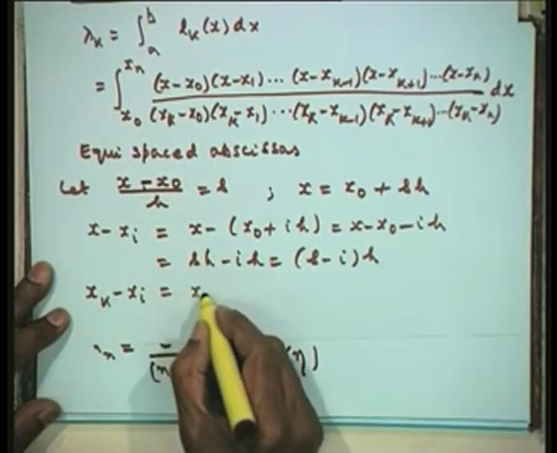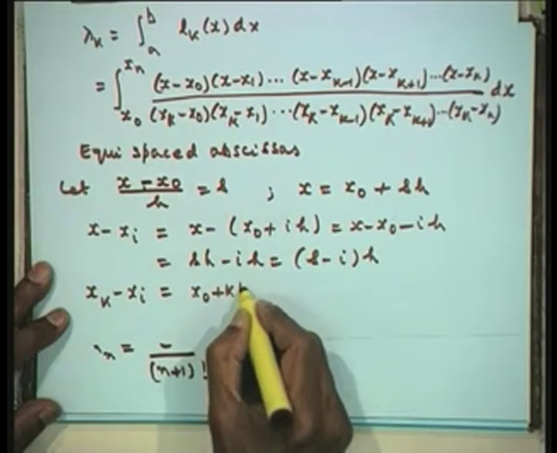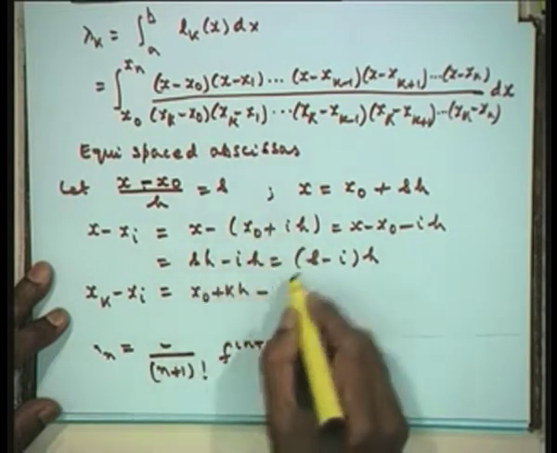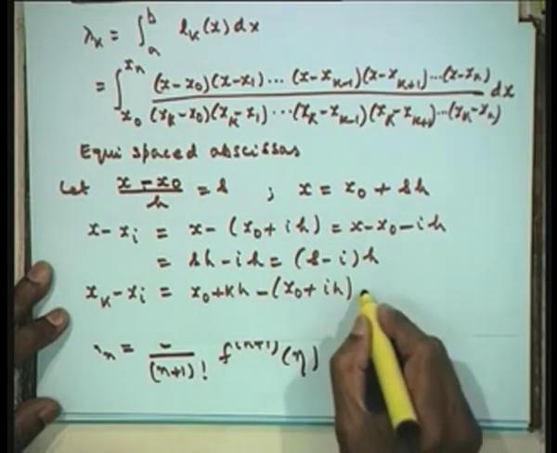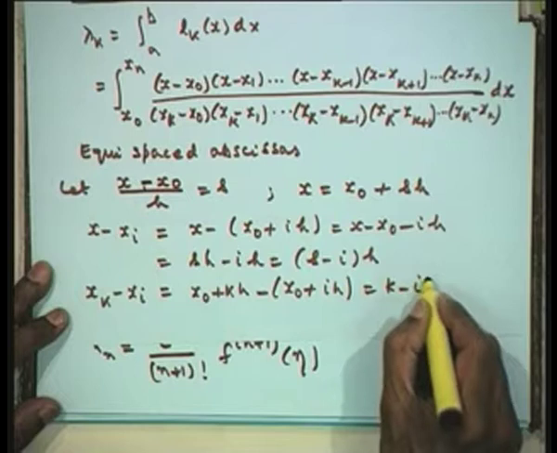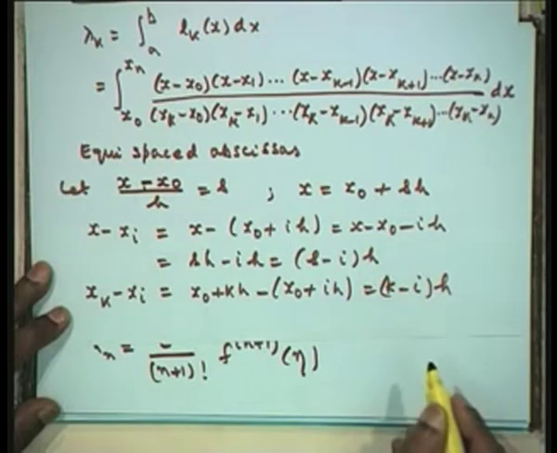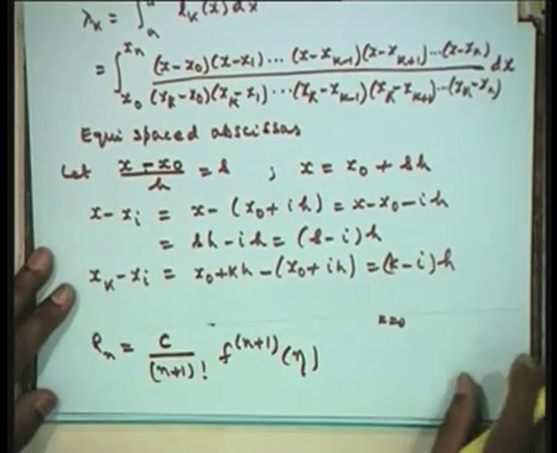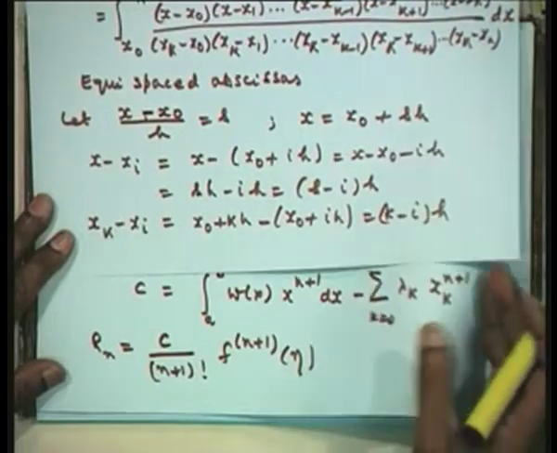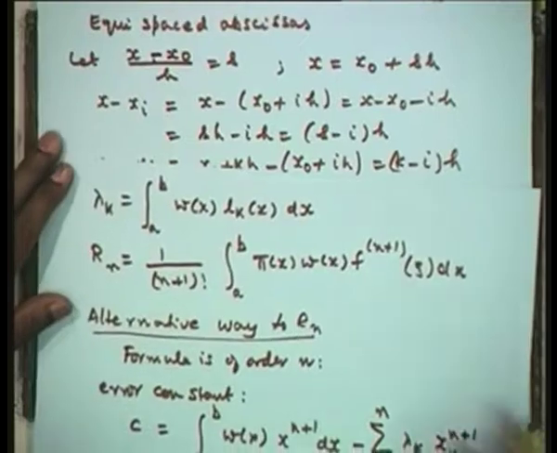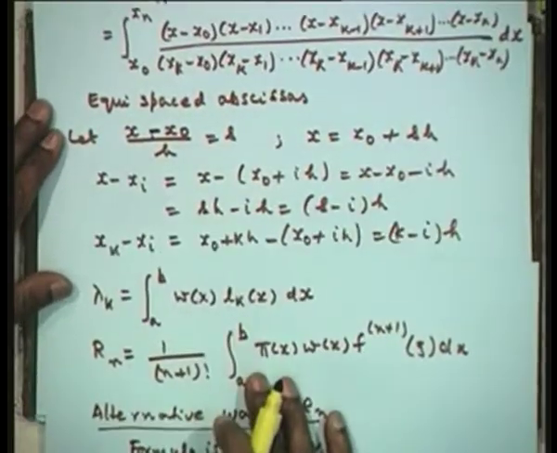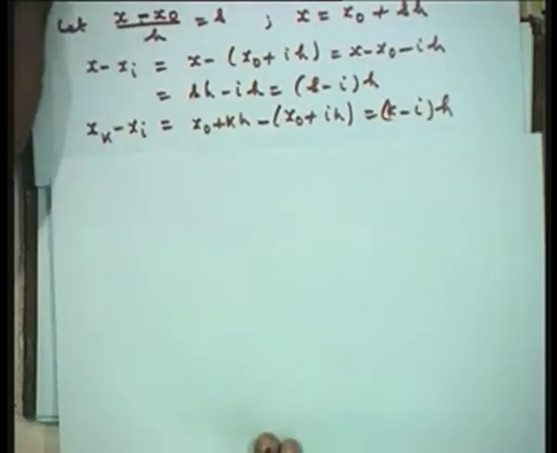Therefore, I can write this as x naught plus k h, and x i is equal to x naught plus i h. Therefore, this is k minus i into h. Therefore, we are able to get the expression for each one of these factors that we have here. So, let us now write down what is the denominator.